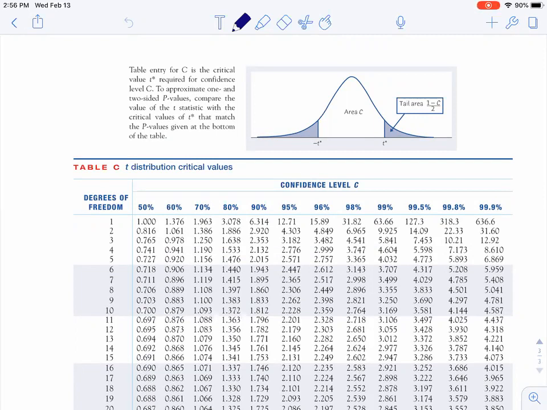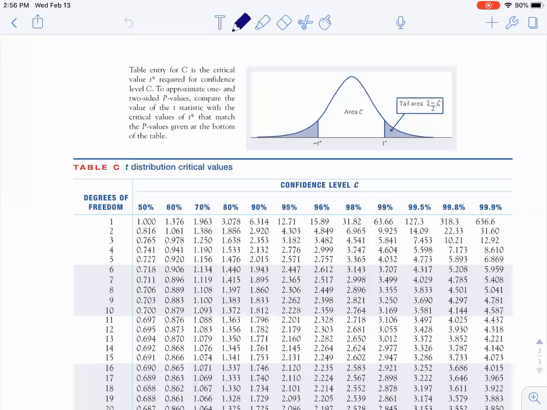So it's not going to be that big of a transition, but what we have is the T table gives us these confidence levels up at the top, okay? And so these are just symmetric confidence levels around the mean.